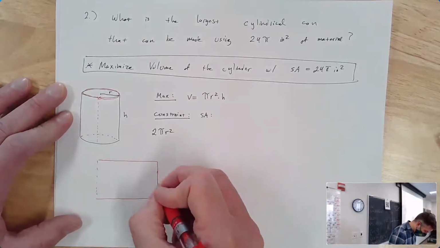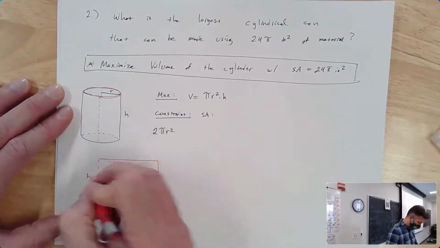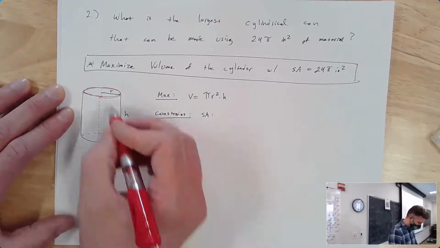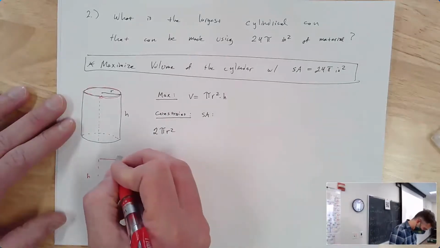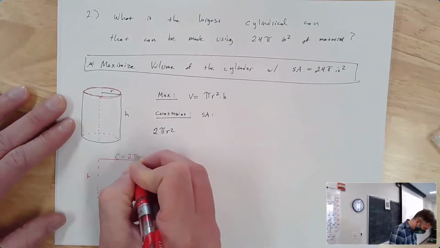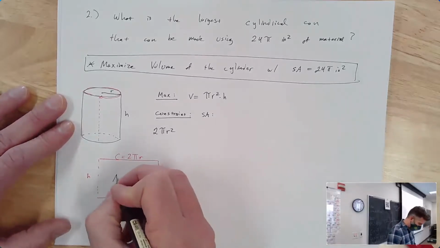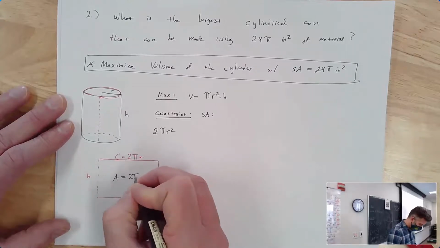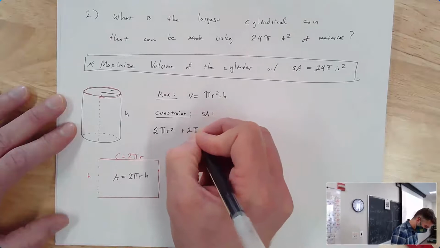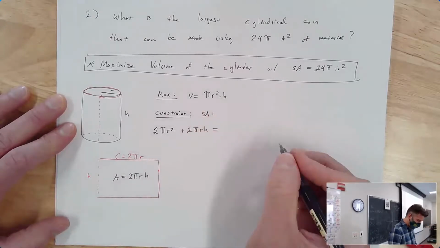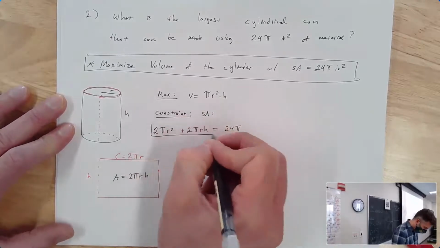Yeah, it'd be a rectangle. The height is still the height, and the length is how far around we went, which is the circumference of the cylinder, 2 pi times the radius. So the area of this rectangular paper towel is 2 pi r h. And that's going to be equal to our 24 pi square inches. So there's our constraint.